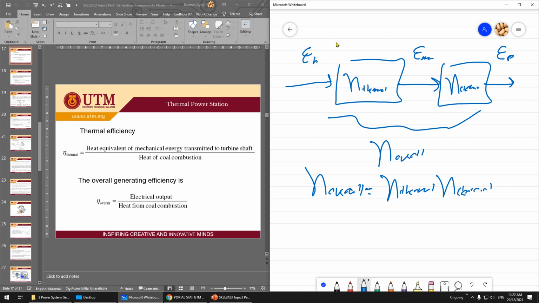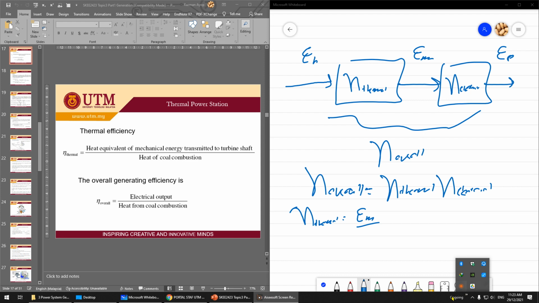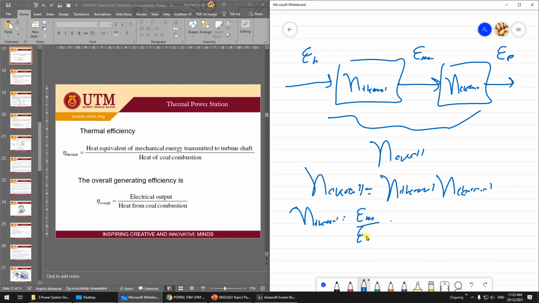Thermal equals energy from mechanical divided by energy from the heat, multiplied by 100 to get the percentage.